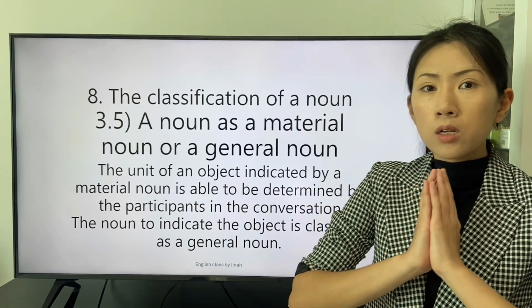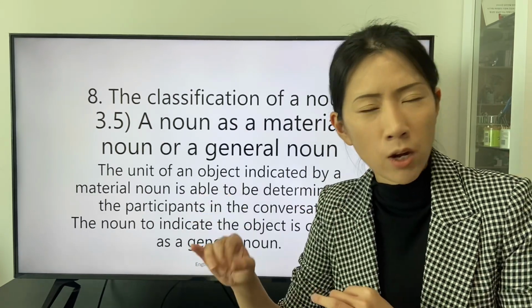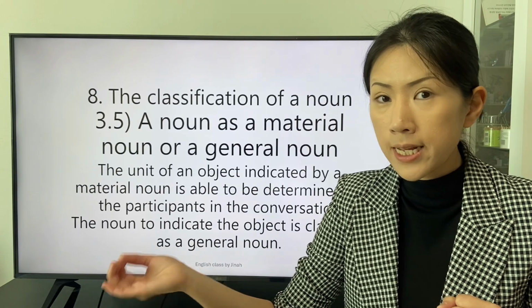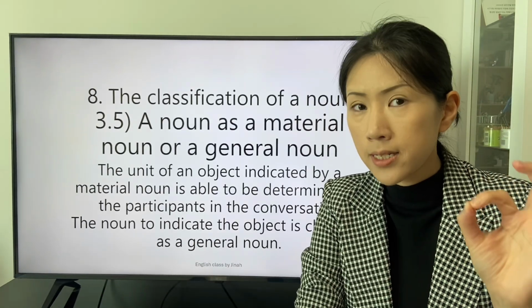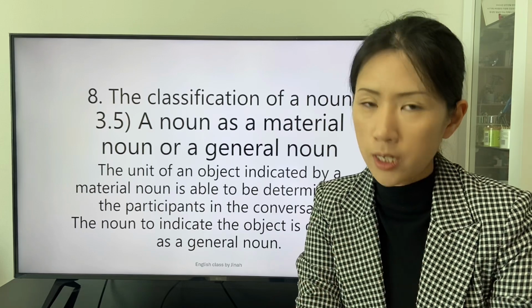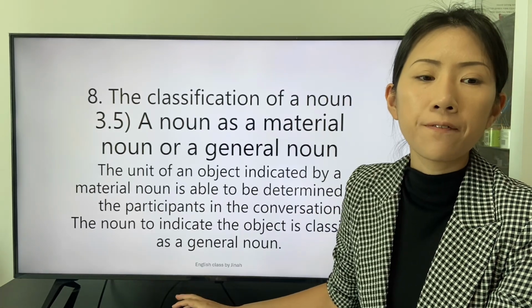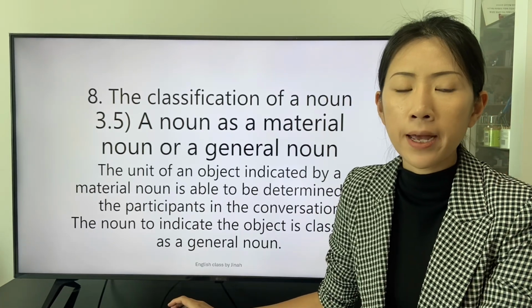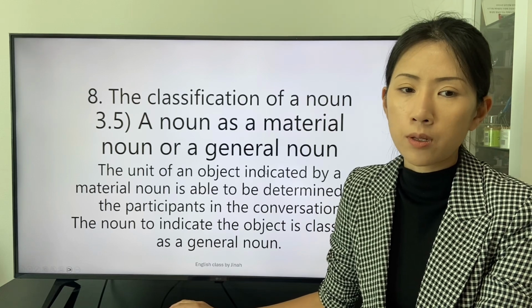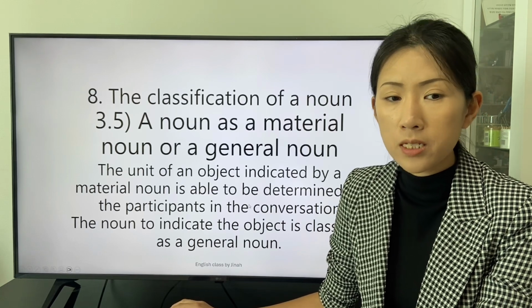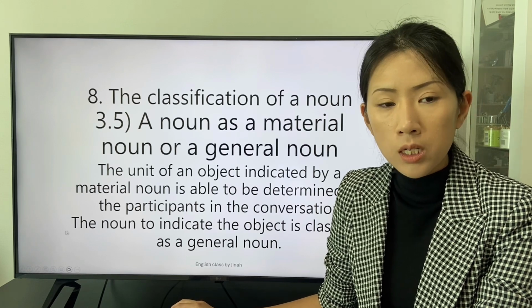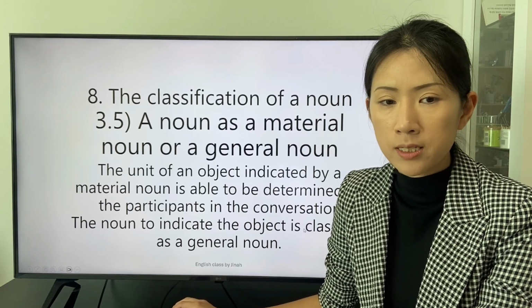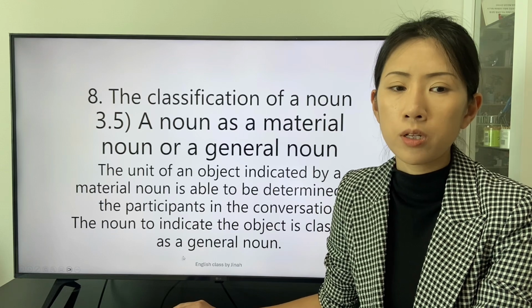So an object whose unit needs to be set is defined as a material noun. The unit of an object indicated by a material noun is able to be determined by the participants in the conversation. The noun to indicate the object is classified as a general noun.